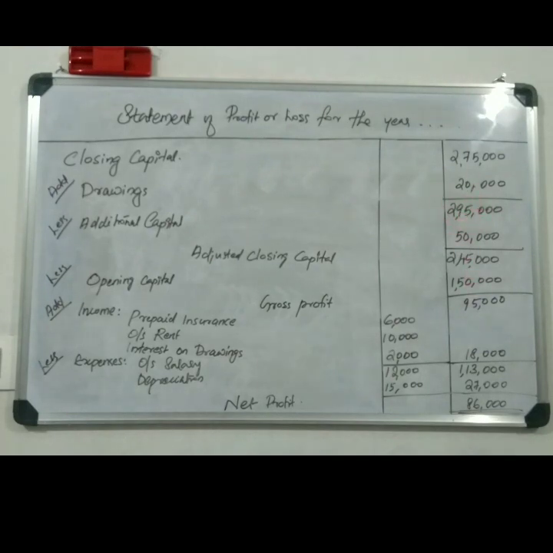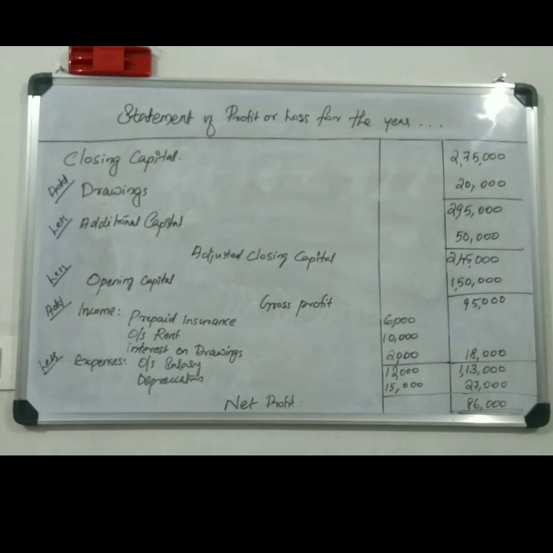Now we have to deduct the additional capital invested. During the year we have invested some additional funds that have to be deducted from the closing capital. So we will get the adjusted closing capital, and the figure is 2,45,000 rupees. From the adjusted closing capital, we have to deduct the opening capital or the initial investment, that is 1,50,000 rupees.